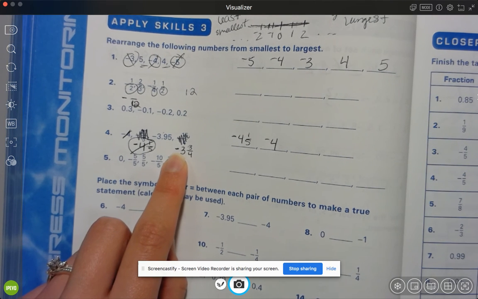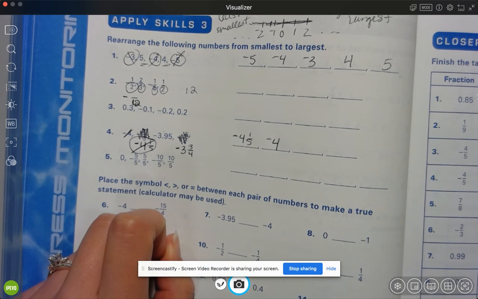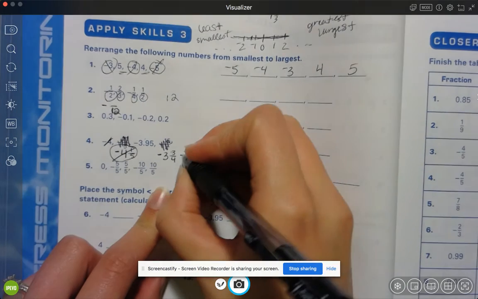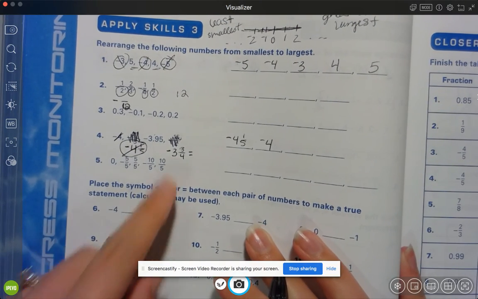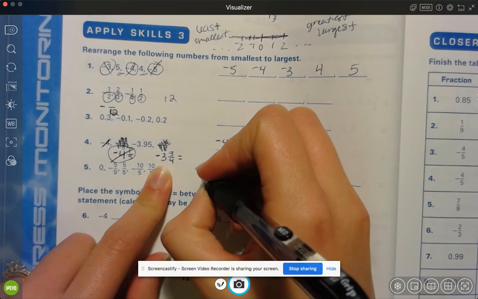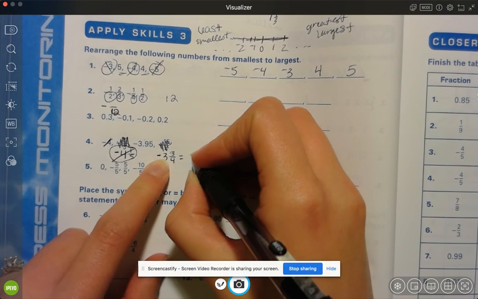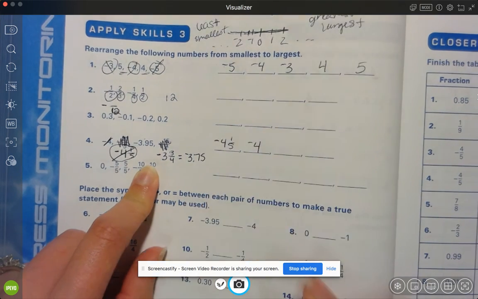I think it will be easier if we write this number as a decimal. This takes some background knowledge, or you could use a calculator: 3 divided by 4 gives you 0.75. So -3 and 3/4 is -3.75.